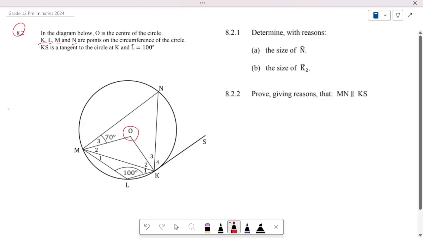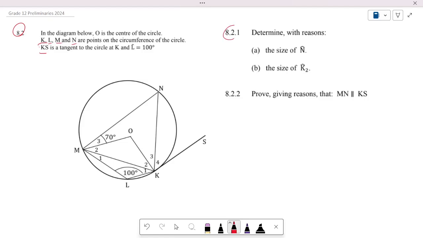Now they say that KS is a tangent to the circle at K, and L is equal to 100 degrees. That's the information they're giving us. Now let's answer the questions based on the information that we have.